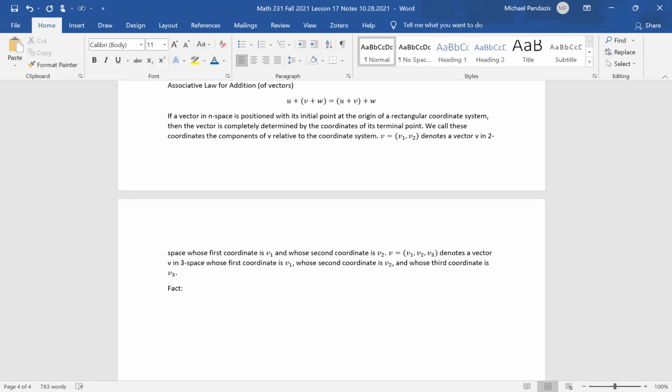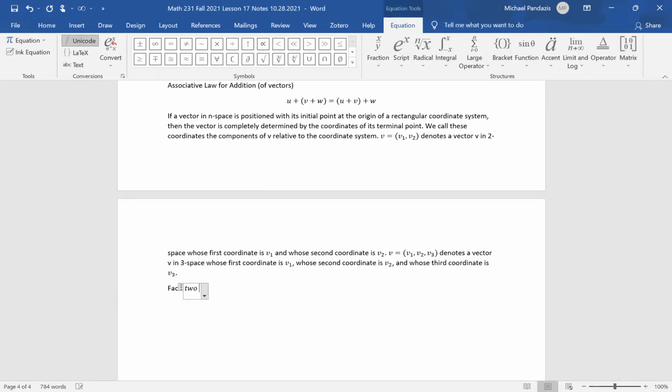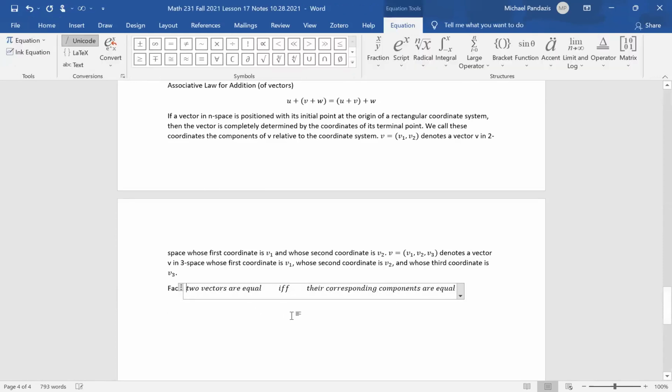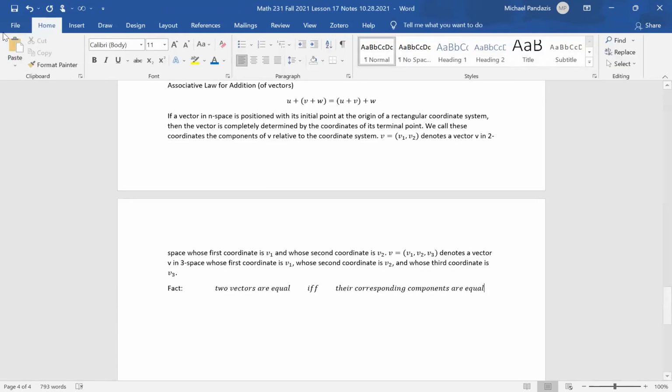It's a fact. 2 vectors are equal if and only if their corresponding components are equal. Okay, so 2 vectors are equal if and only if their corresponding components are equal.